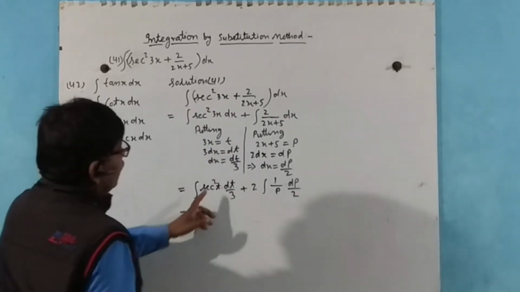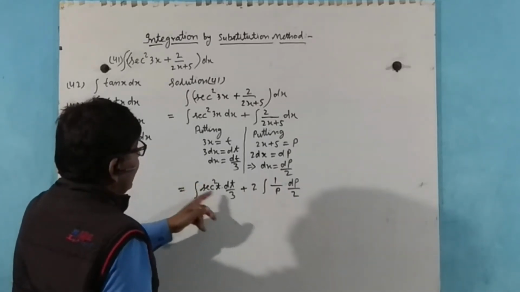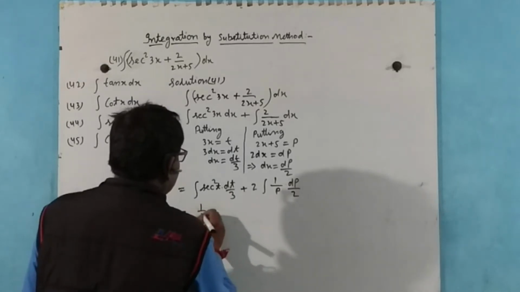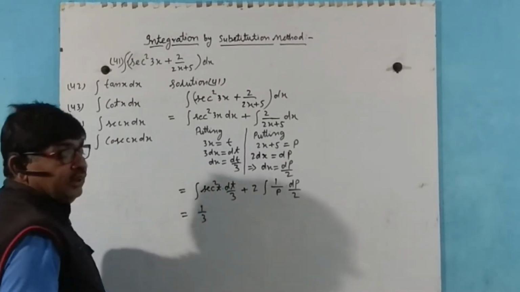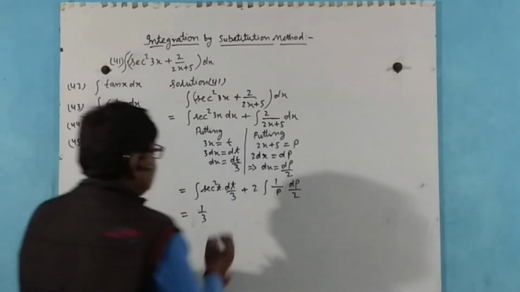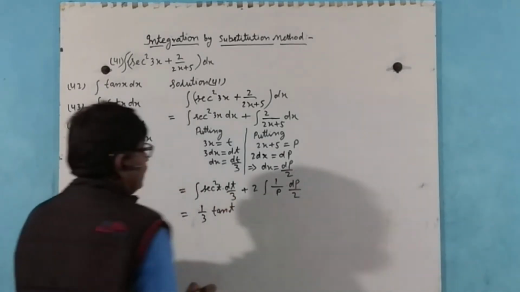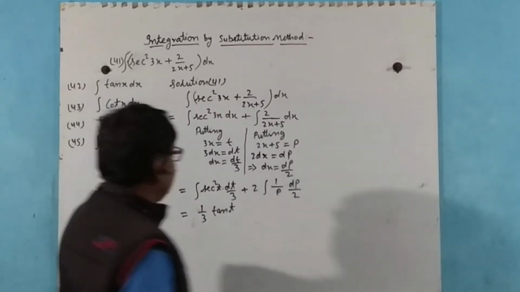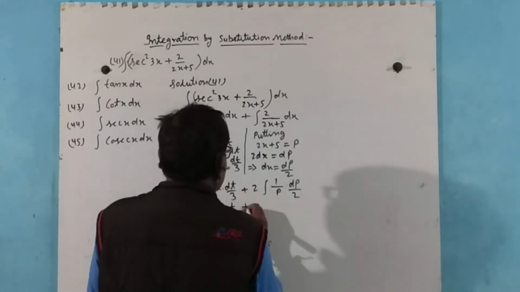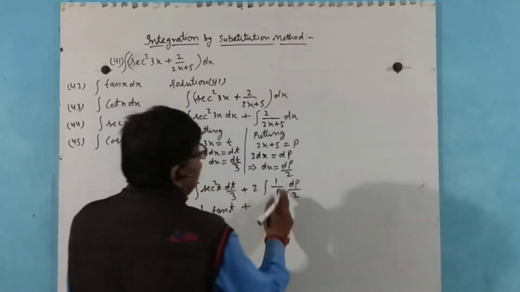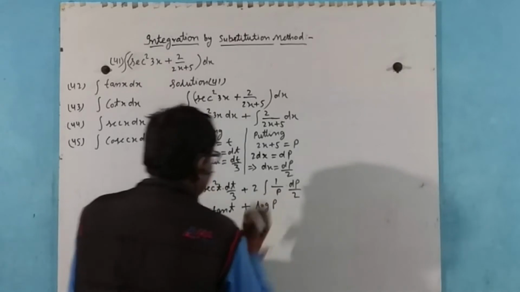Now here, integration of 3 is a constant, 1 by 3, and integration of sec square t is tan t, plus 2 and 2 cancel. Integration of 1 by p dp equal to log p.